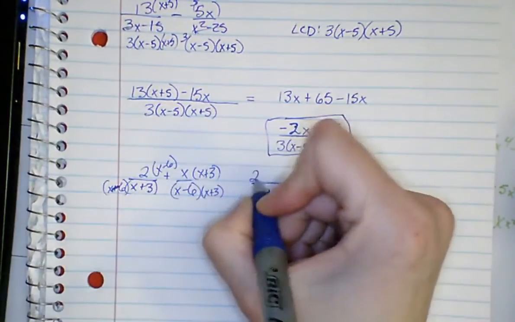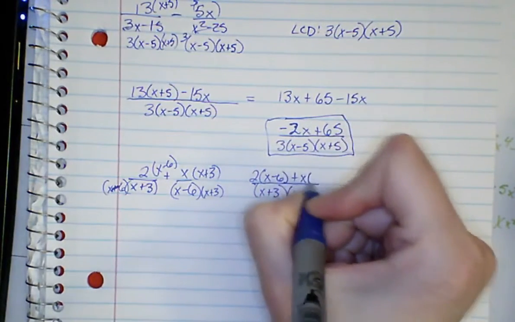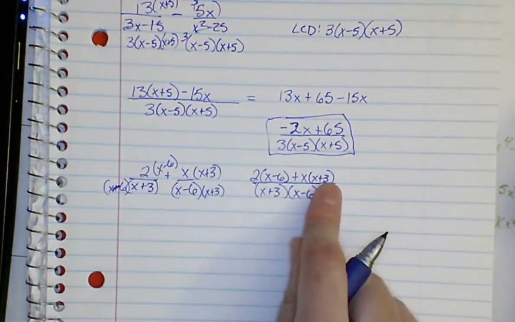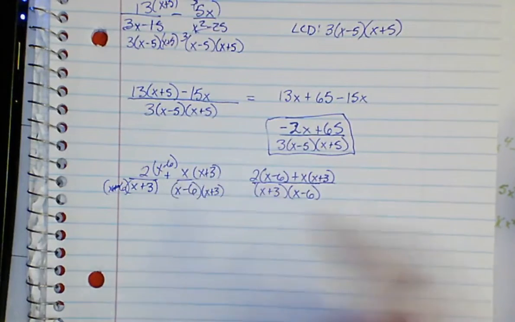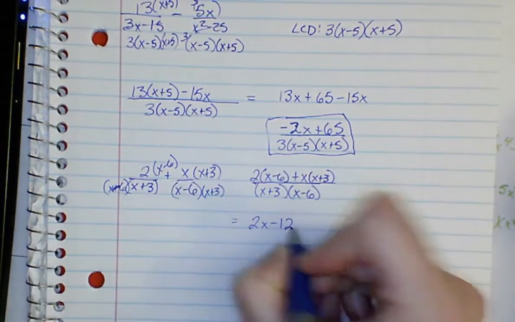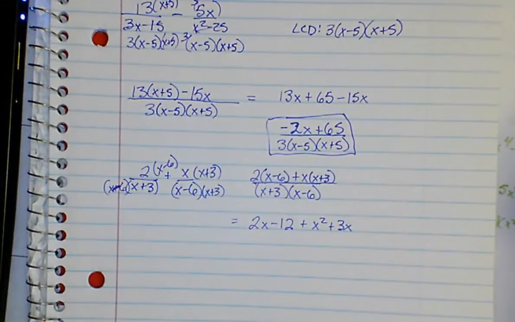So then we have 2x minus 6 plus x times x plus 3. And yes, instead of writing that all out as I did, you could have gone ahead and distributed each of those. That would have been more efficient. I'm not going to worry about my denominator yet.